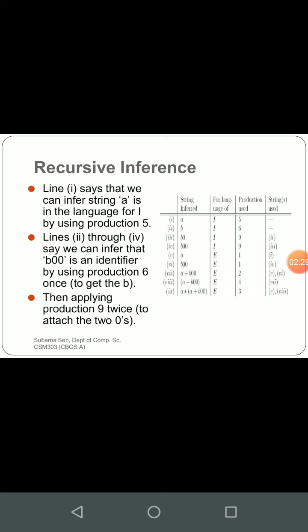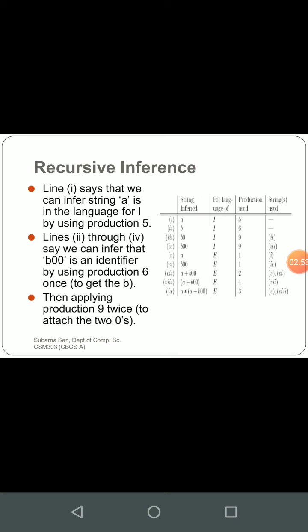If we have to follow recursive inference, these are the rules we have to follow. Line 1 says that we can infer string a is in the language for I by using production 5. So if we have to infer the string a, how can we do it? We have to use I to a, otherwise it is not possible.